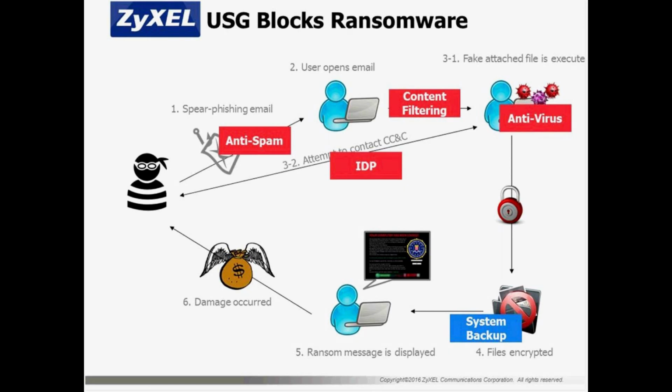The user opens up the email, the link, etc. Again, the content filtering will stop them going to the different websites to open up those files. The antivirus will then stop them being executed coming through, and the IDP will stop the attempt of the attacks coming in, out, etc.